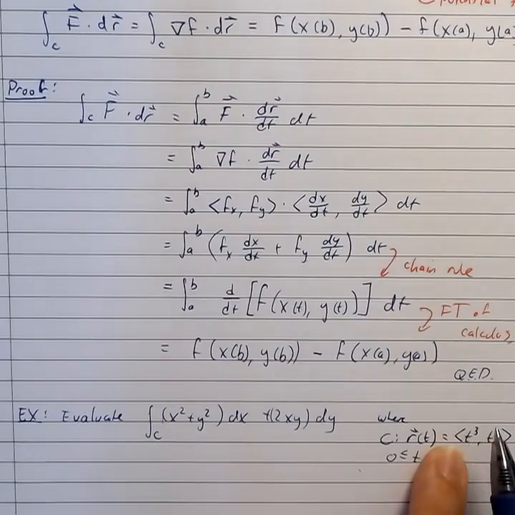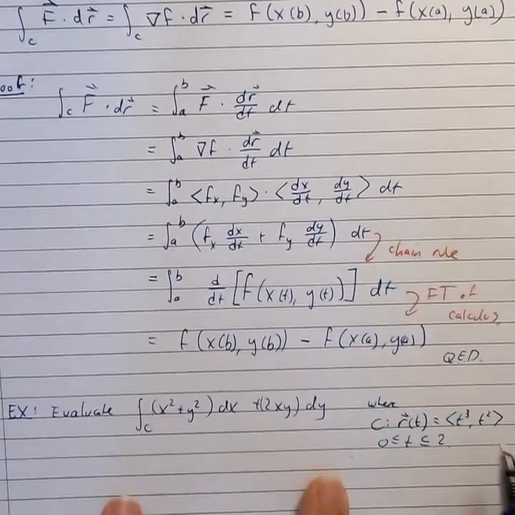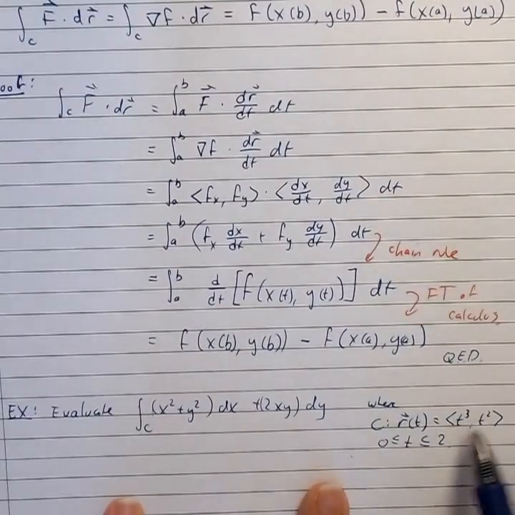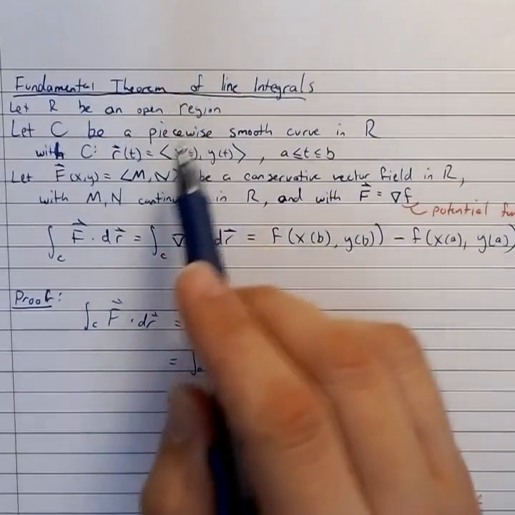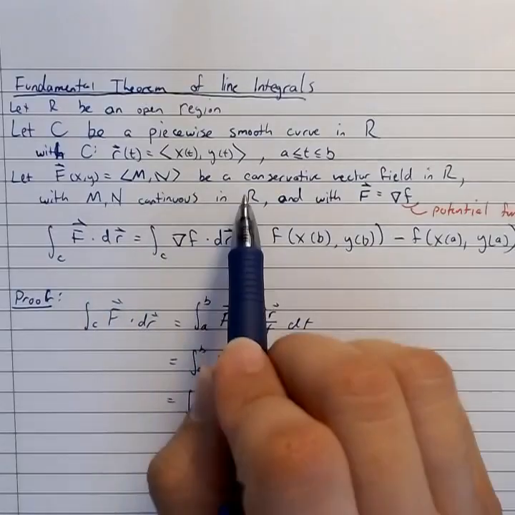And so cube root of x is equal to the square root of y. Or in other words, y is equal to x to the 2/3 power, which is definitely a smooth function. Right? So you can convince yourself any way you like, but the simplest way is to say, oh, these are both smooth. So it's a piecewise smooth function, and M and N are continuous in R.